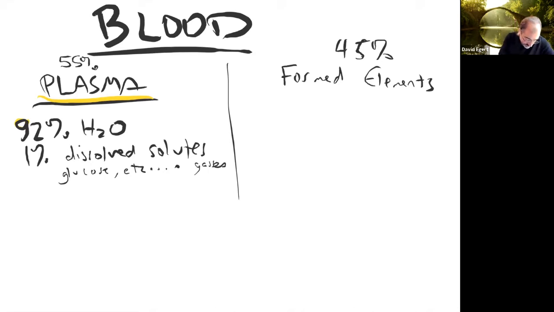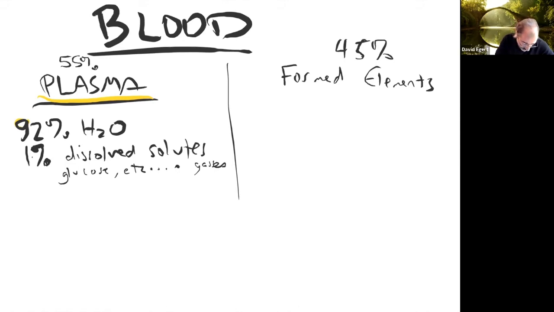And adding in some sugar doesn't change the volume a lot, right? If I take a cup of coffee and I put in a heaping spoon of sugar, it doesn't change the volume much. So all of the dissolved stuff in the plasma adds about another 1% to the overall volume.